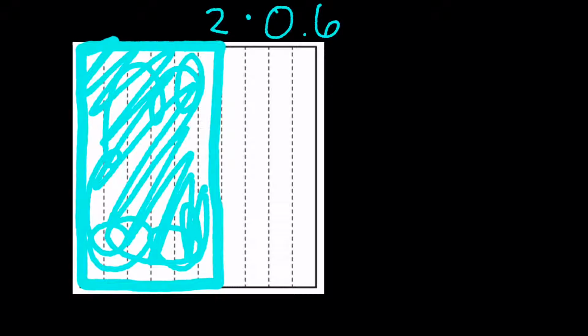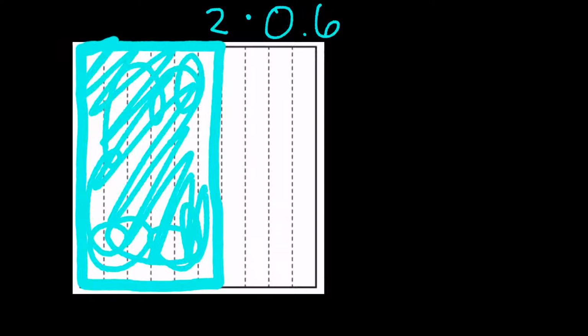But we want 2 groups. Well, if I were to count how many columns I have left, 1, 2, 3, 4, I only have 4 columns left. I cannot make a second group of 6/10 here. So what do you think I have to do? Think about it for a second. How can I show another group of 6/10?